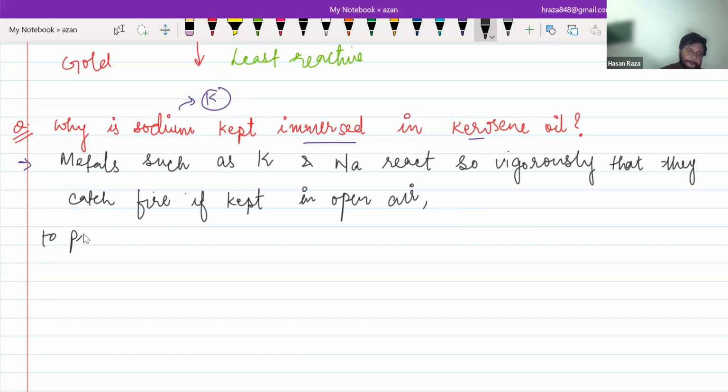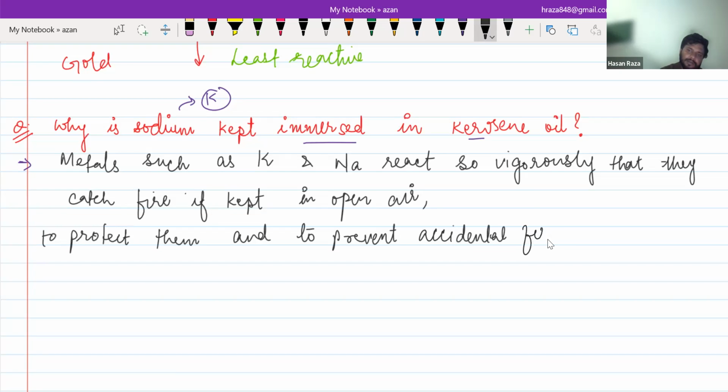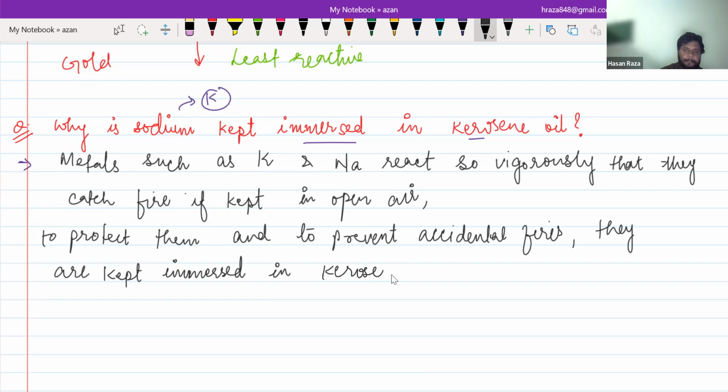To protect them and to prevent accidental fires, they are kept immersed in kerosene oil. Please write this.